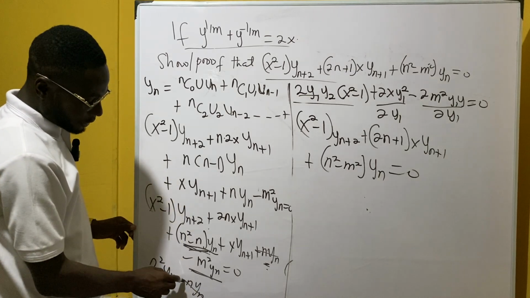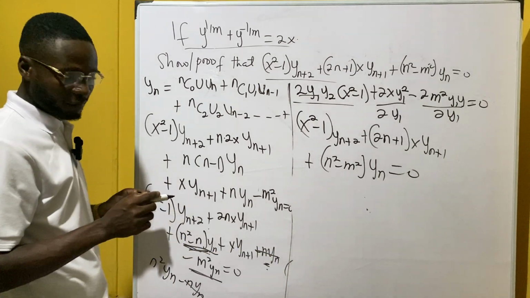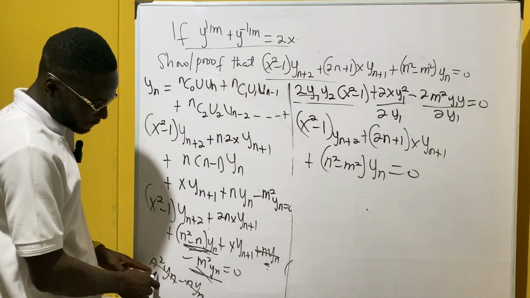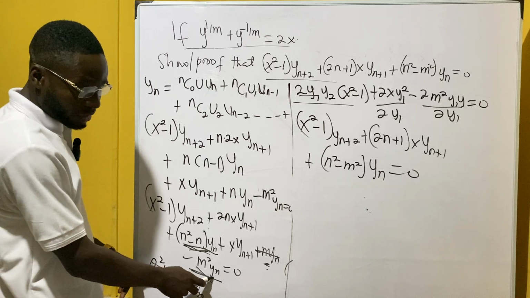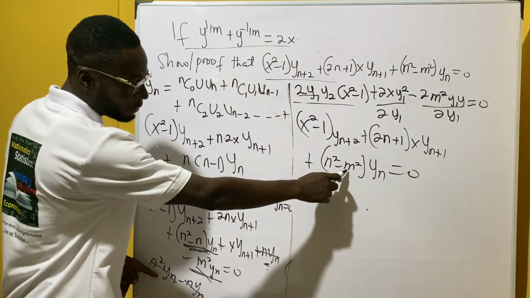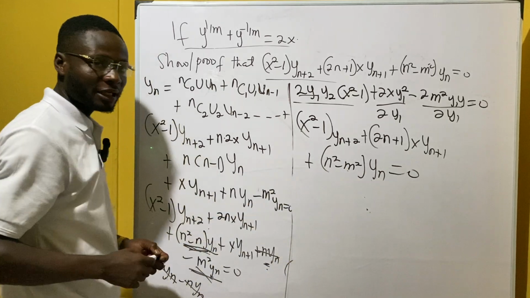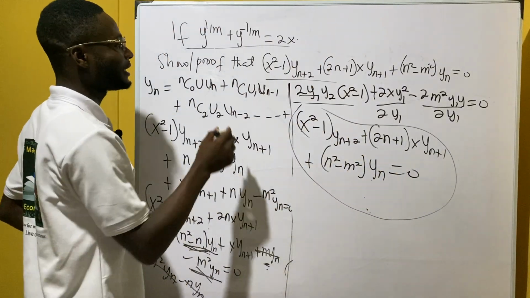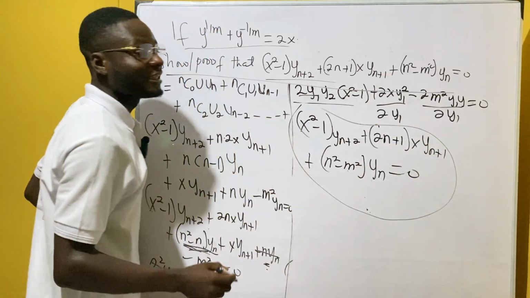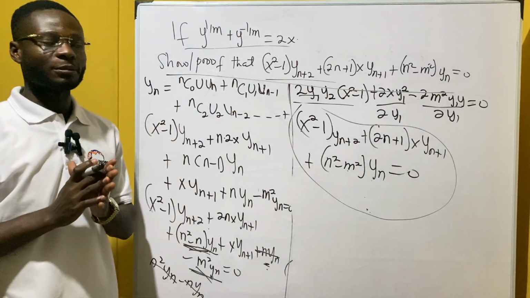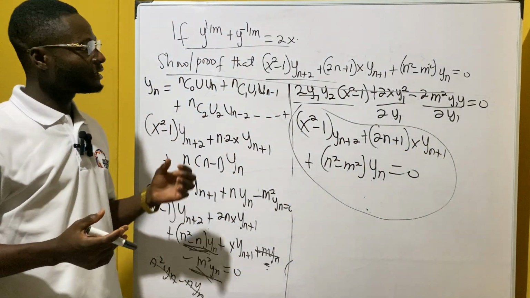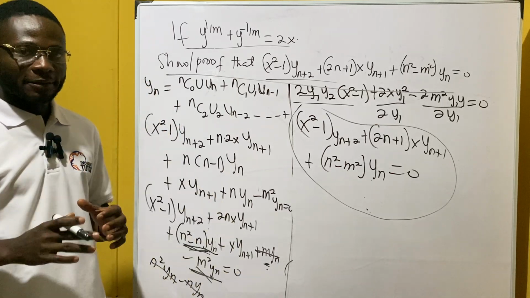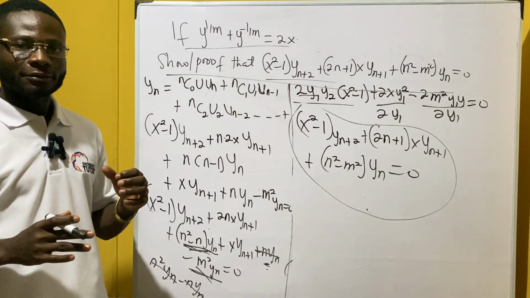So this will cancel one of these here, right? So when we do that, that is what we are having here. So this takes off this, so that goes off. So we consider this and this, and we can see that we have yn here, we have yn here. That's why the n squared minus m squared, then you factor the yn out. And that proves our formula right here. Ladies and gentlemen, this is so simple. We have been able to prove it. Just go through systematically. Follow steps by steps.